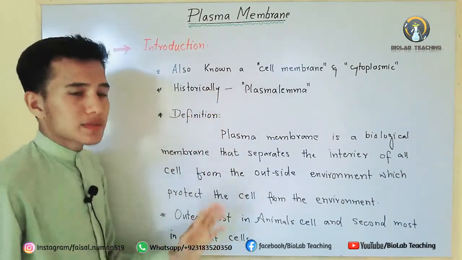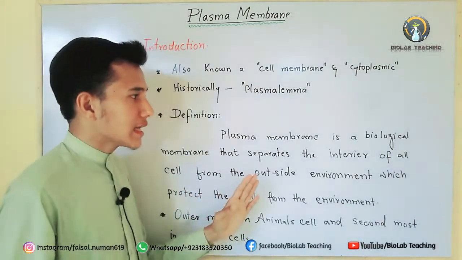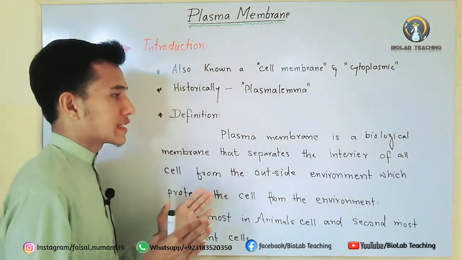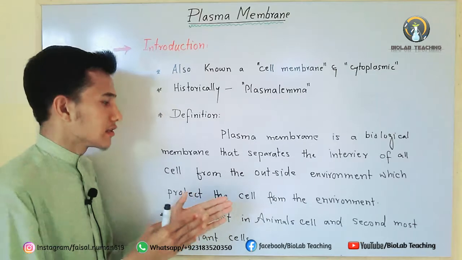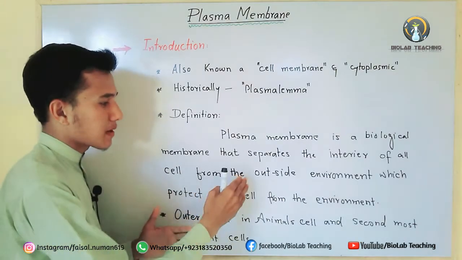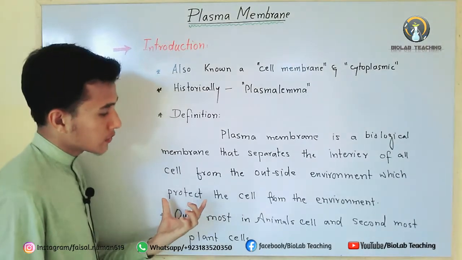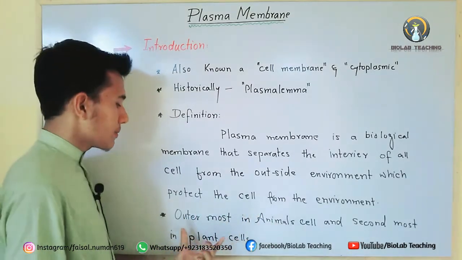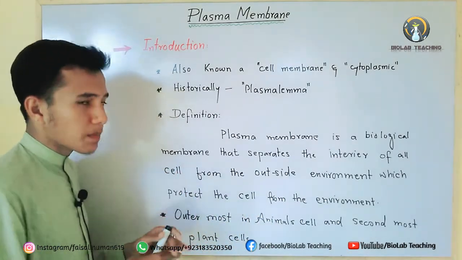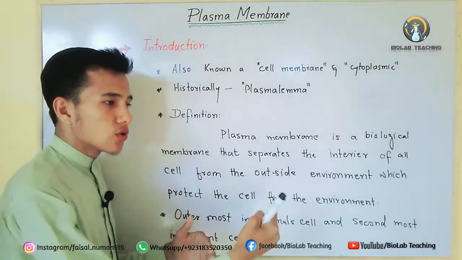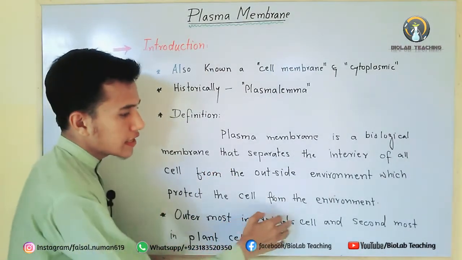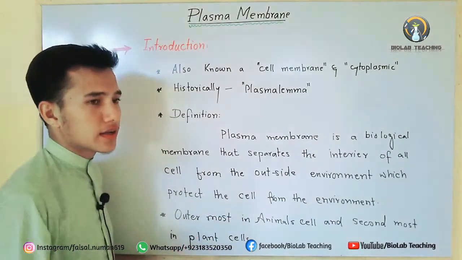The definition of the plasma membrane: it is the biological membrane that separates the interior of the cell from the outside environment and protects the cell from the environment. It is the outermost layer in animal cells and the second-most layer in plants.